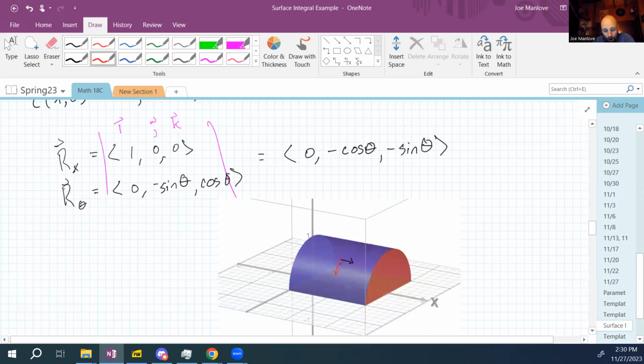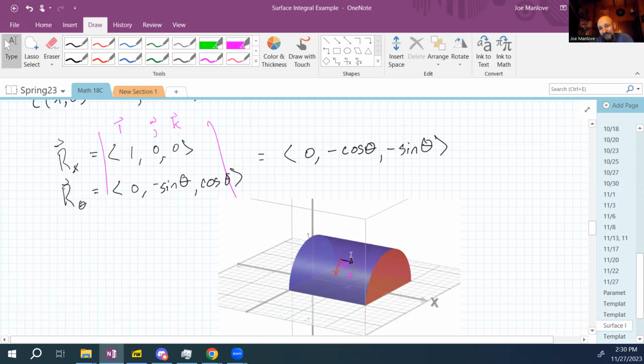And if I take Rx, that's the black, and I cross it with R theta, that's the red, by the right-hand rule, I'd get a vector that points in towards the center of the shape, right? So that's where I'm getting this cross product that fits into the shape, which is not really what I want.